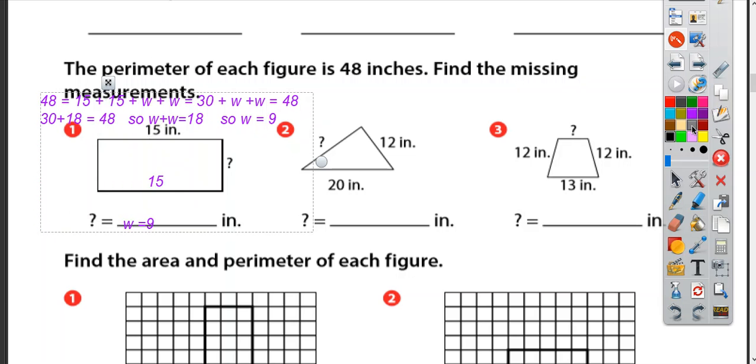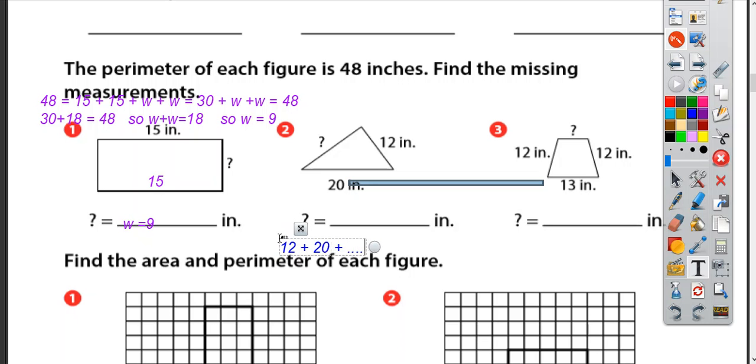Okay, let's go to the next question. Here you will ask yourself, 12 plus 20 plus something will give you 48. So 12 plus 20 equals 32. 32 plus something will give you 48.